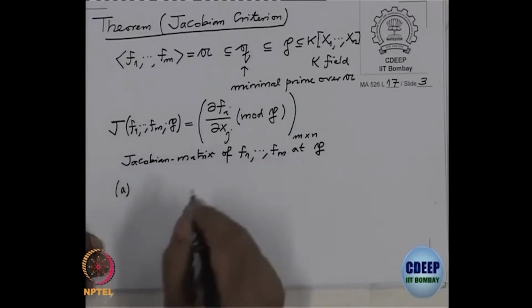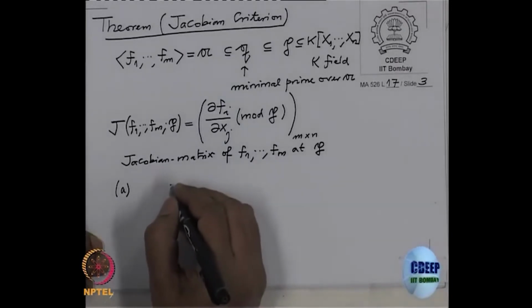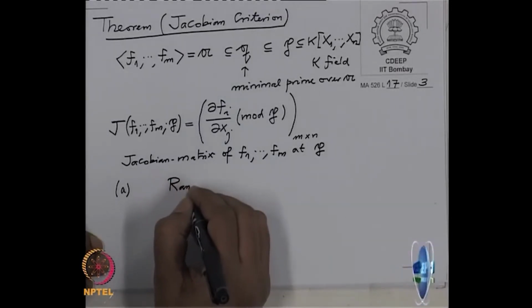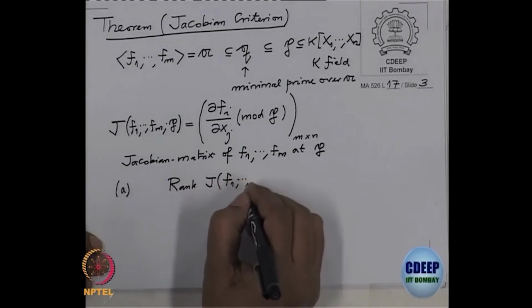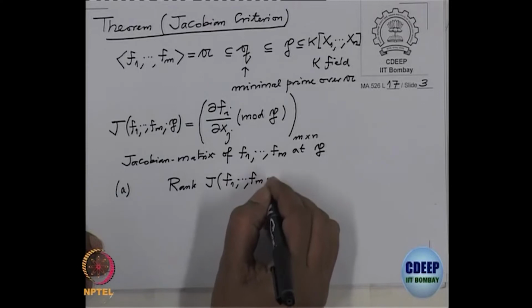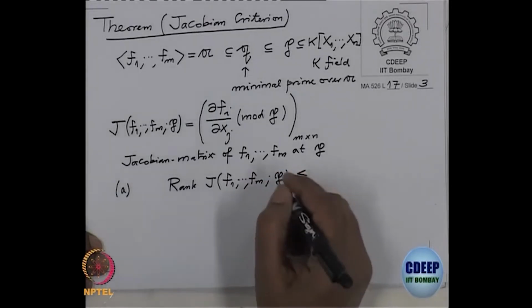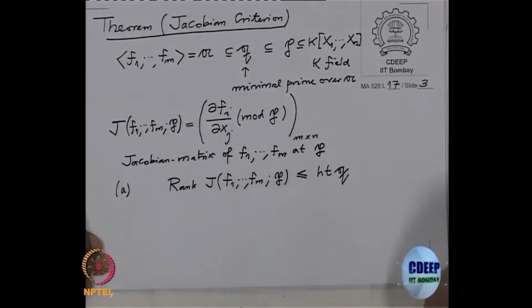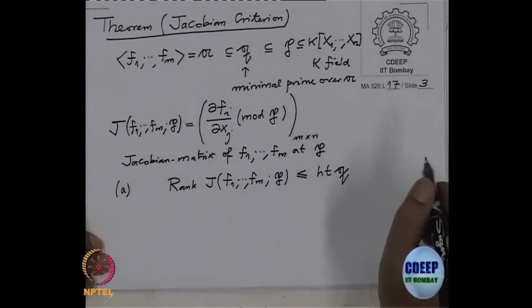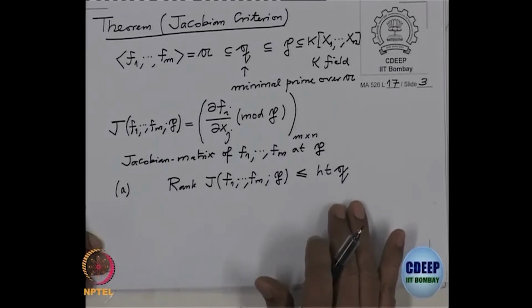The rank of this matrix has a bound. So rank of J(F1 to Fm) mod P cannot be more than height of Q. As I said earlier, it involves the rank and also the irreducible components.